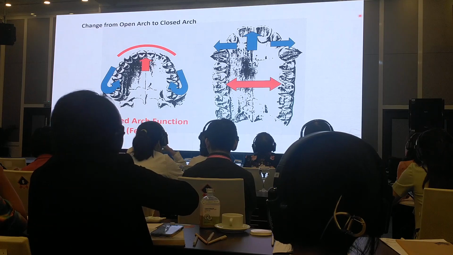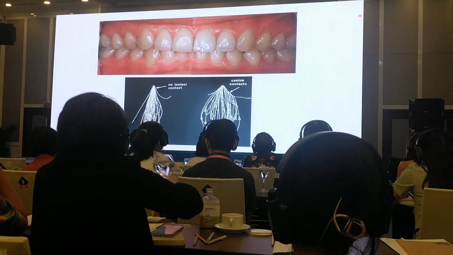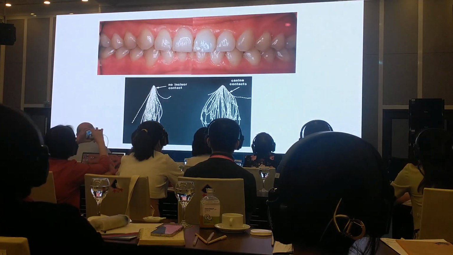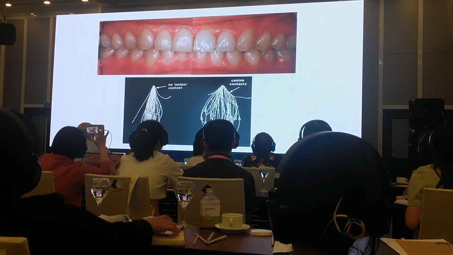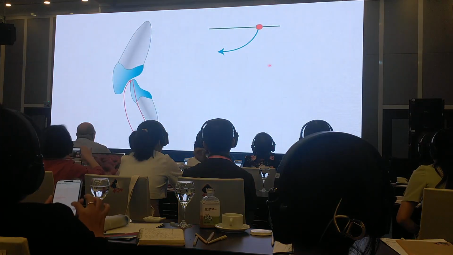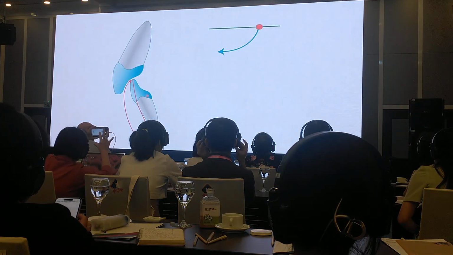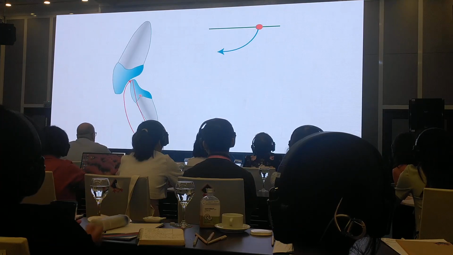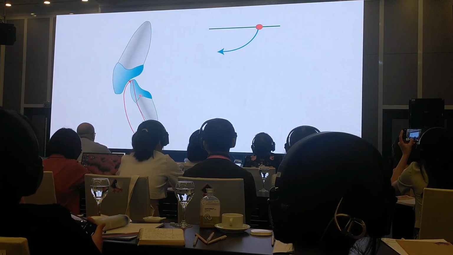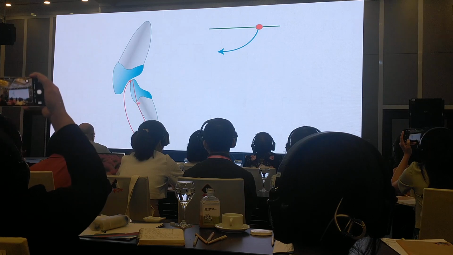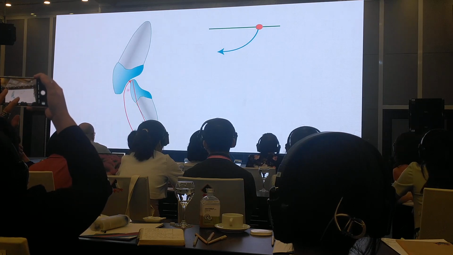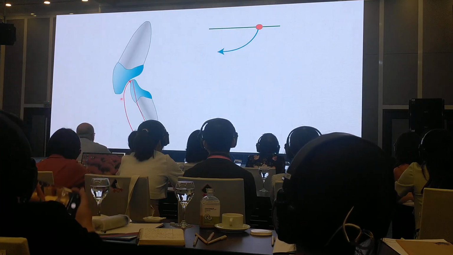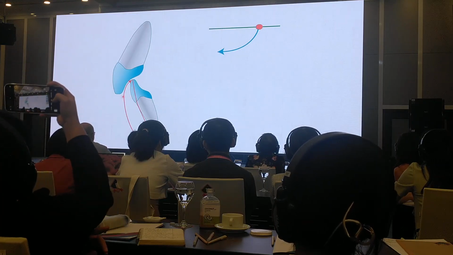Anyway, in the human dentition we have a closed arch. A closed arch function. Therefore, if the mandible works, whatever chewing or speaking, this kind of dynamic movement, we need space here. Don't close this space.